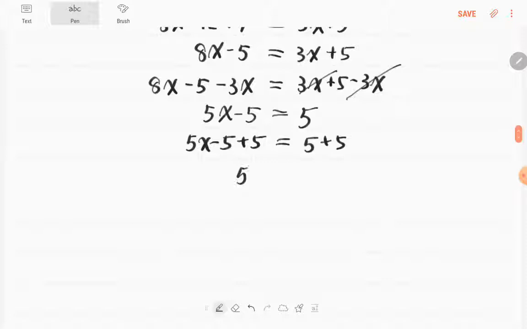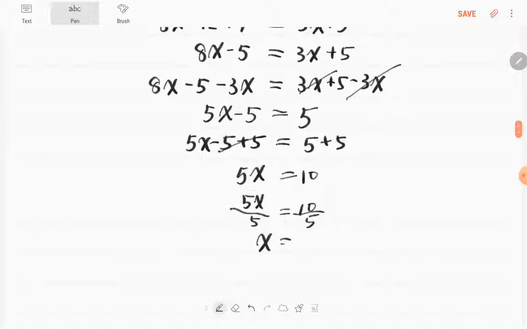After doing that, we keep the variable term on one side and a number on the other side, right? The last step, we want to divide by 5 because 5 is the coefficient of our x term. So I can finish it. Divide by 5 on both sides.